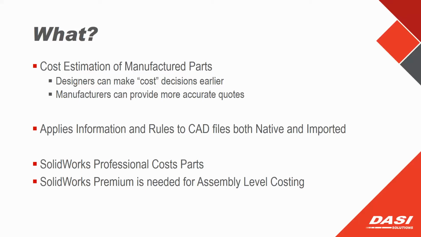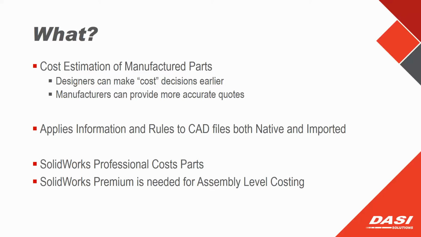Now, it's taking your internal knowledge, the rules that you use when you create parts and the information that you have available to you as far as material costs and such, and it applies those to the CAD geometry. And again, that's whether it's a native file created in SolidWorks with full feature history or just simply imported geometry. Now, it is a little different depending on what seat of SolidWorks you have, but chances are all of you already have the ability to do part costing, and that's included in every SolidWorks Professional license.